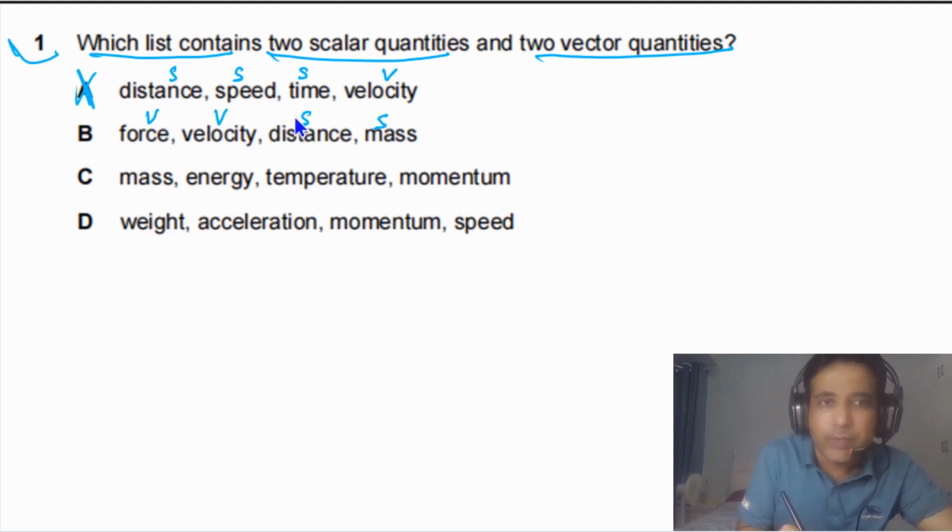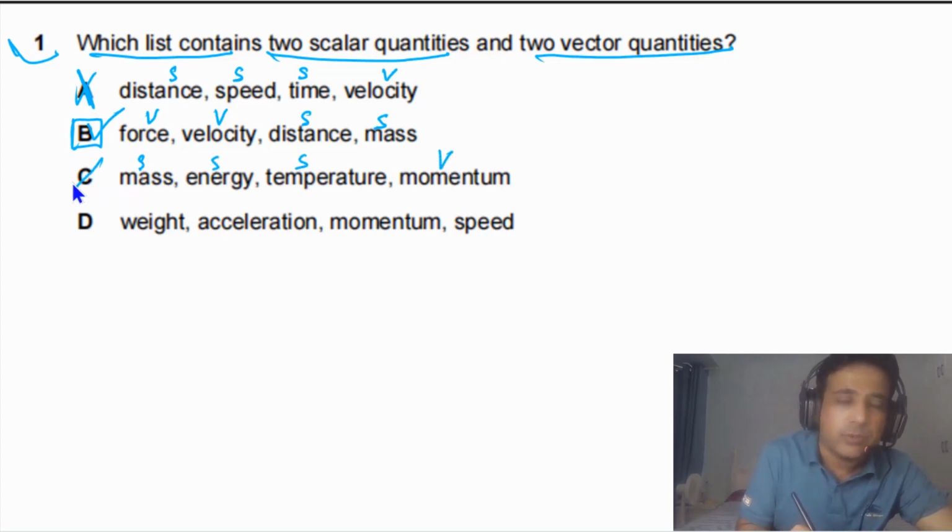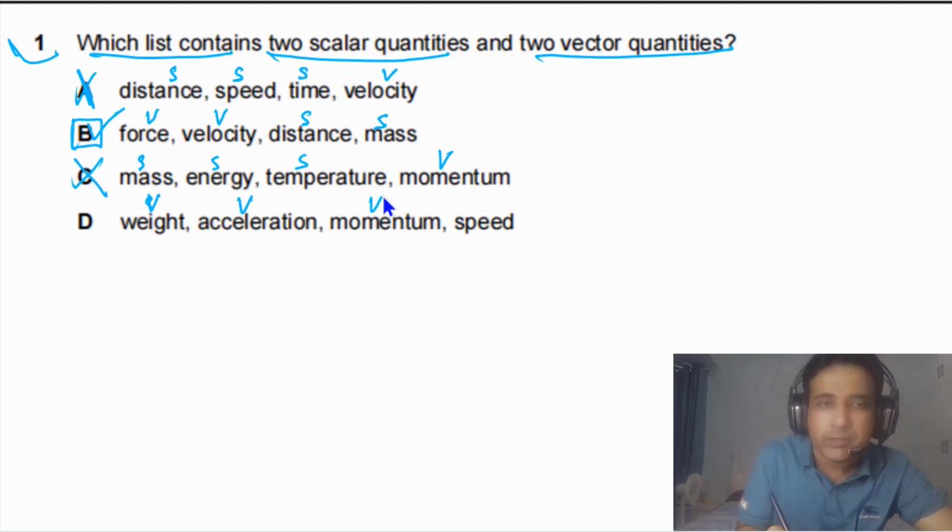So we have 2 vectors and 2 scalars, so this is the correct option. But if you look at the next one, this is scalar, this is scalar, this is scalar, this is vector, so this is also an incorrect option. Weight is a vector, acceleration is a vector, momentum is a vector, speed is a scalar, so this is also not the correct option. So the answer for this question is B.